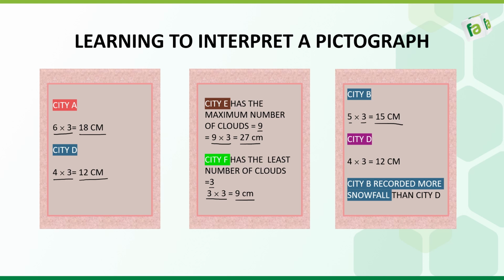And city D is equal to 4 multiplied by 3, which is equal to 12 centimeters. The snowfall in city B was 15 centimeters and city D was 12 centimeters. Therefore, city B recorded more snowfall than city D.